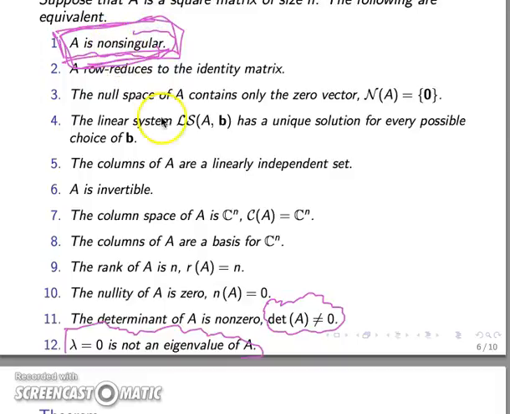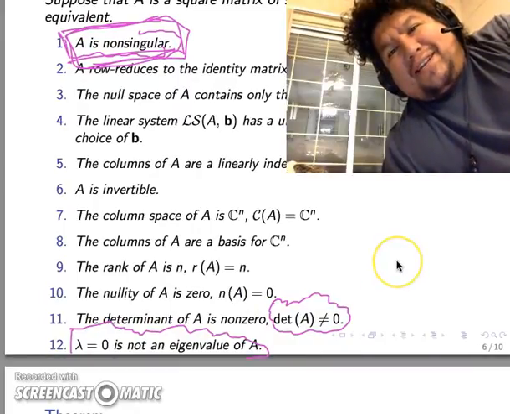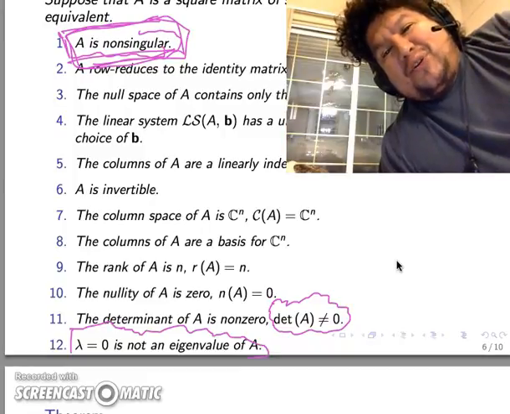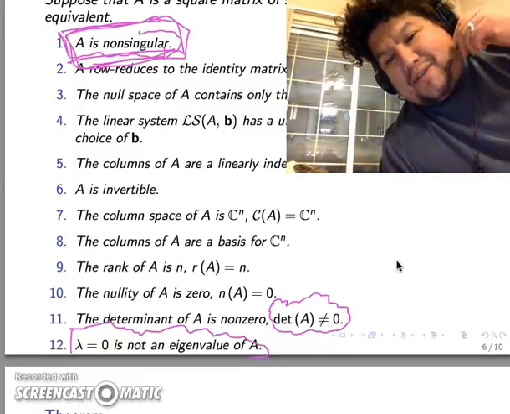So non-singular, non-zero determinant, non-zero eigenvalue; 0 eigenvalue, 0 determinant, singular matrix. Well, for now, this is what we have to say about 0 eigenvalues and non-singular matrices.